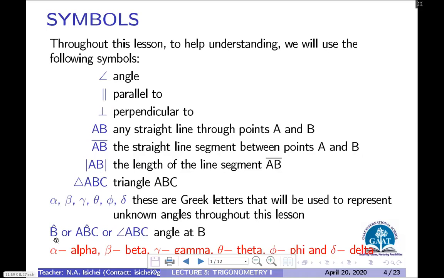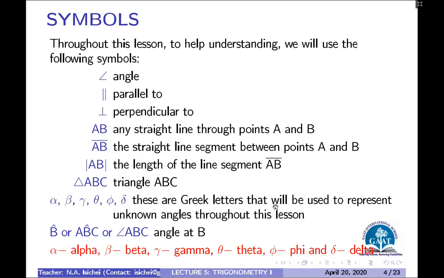When we write angle B or angle ABC, they all mean the angle at B. So here are the names of each of the symbols earlier mentioned. This is alpha. Please get used to these letters because we'll be using them frequently in this lesson. Here is beta, here is gamma, here is theta, here is phi, and here is delta.